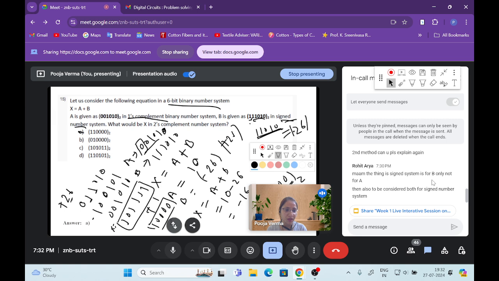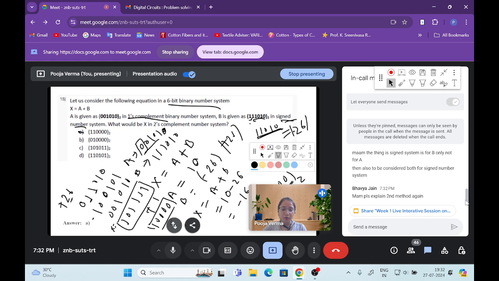Rohit, what do you want to ask? Here it is clearly written that A is in a ones complement and B is in a signed number system. We have to add A and B. These are in two different forms, right?